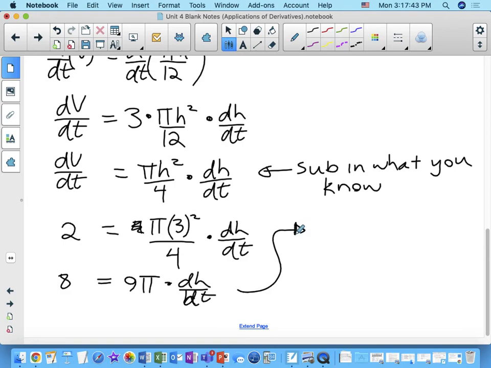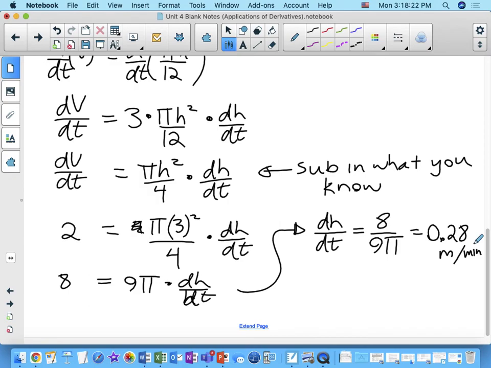Which means that dH by dt equals 8 over 9 pi, or what is that in, I don't know. 0.28 meters per minute. Okay, the change in volume was in meters cubed per minute. The change in height is going to be in meters per minute.